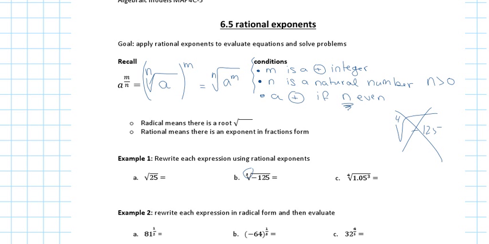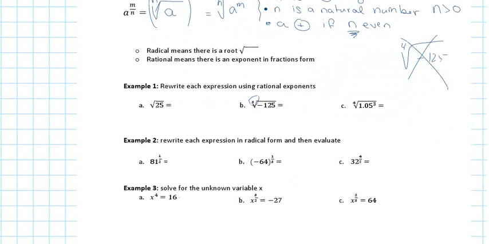Okay? So this one says write the fraction using rational exponents. So how would I write that as a rational exponent? No, I don't want the answer. I want to write it as a rational exponent. So what's my base? 25. And what's my exponent?